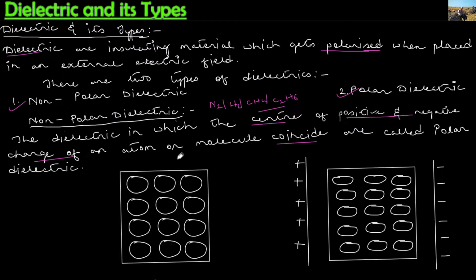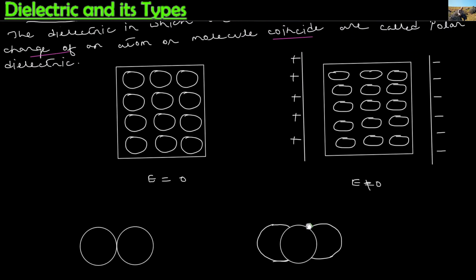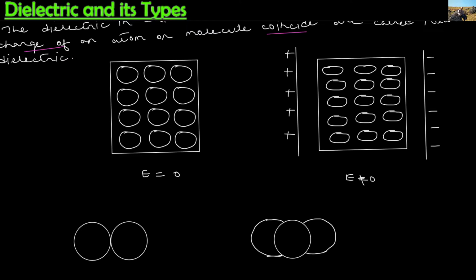Now, take for example an H2 molecule. Suppose these two spheres represent hydrogen atoms, and if I draw only the structure of the hydrogen atom, this bond will give me our negative.